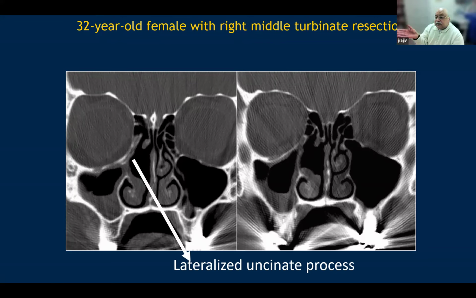So slowly over a period of time, or because of design, the uncinate process is left on, and then it again comes more lateralized and sticks towards the floor of the orbit, and then obstructs the natural aspect of the hiatus semilunaris and the drainage of the maxillary sinus.